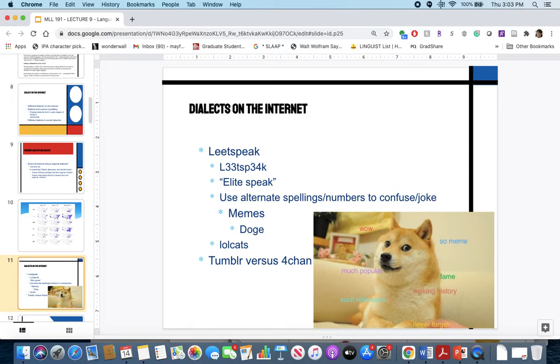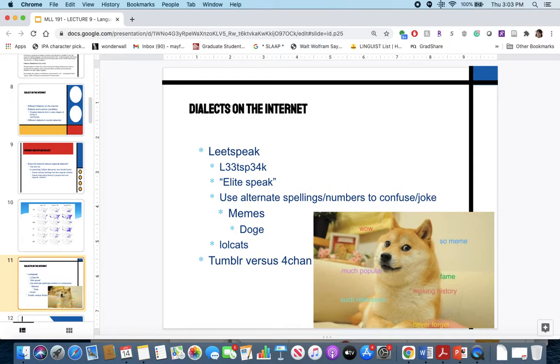If you're familiar with the Doge meme, you'll know that it's a dog, but the way that the dog uses language is not really proper English or standard English. It's things like wow, much popular, so such relevance, never forget, making history, fame, so meme, right?